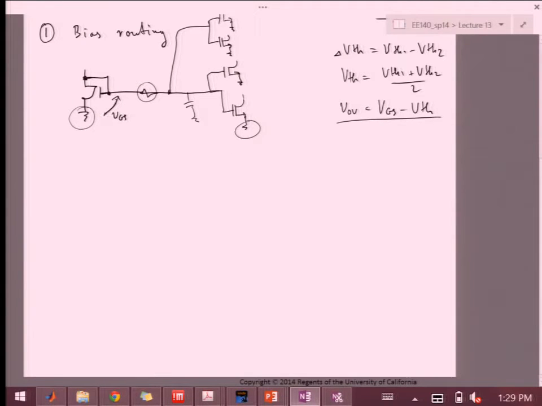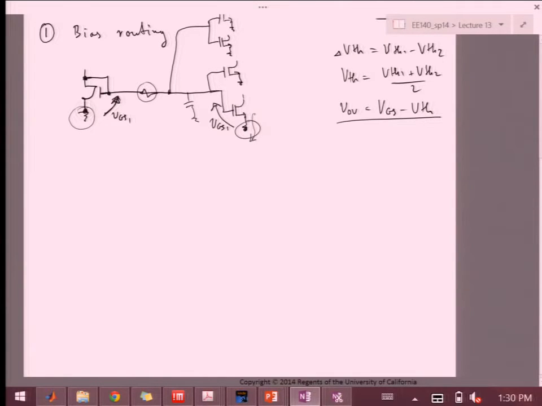I want this VGS to be mapped over here, but I don't know where this current is flowing with respect to this potential over here. So for me to guarantee that this VGS1 is also dropped over here, I need to have this point firmly connected to this point.